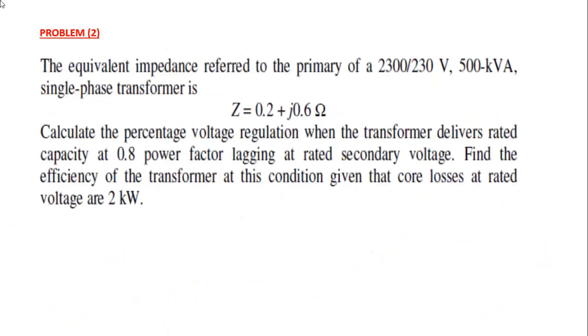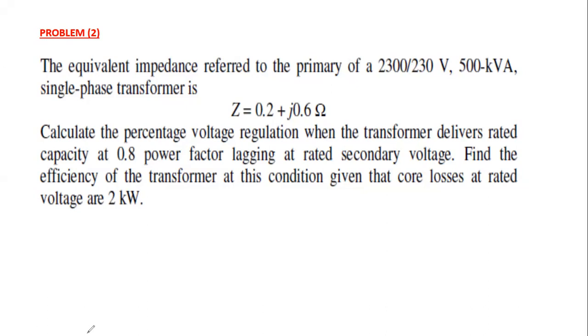Next, coming to the second problem. This is also a previous year problem, last year question paper problem. The equivalent impedance referred to the primary of a 2300 by 230 volts transformer.